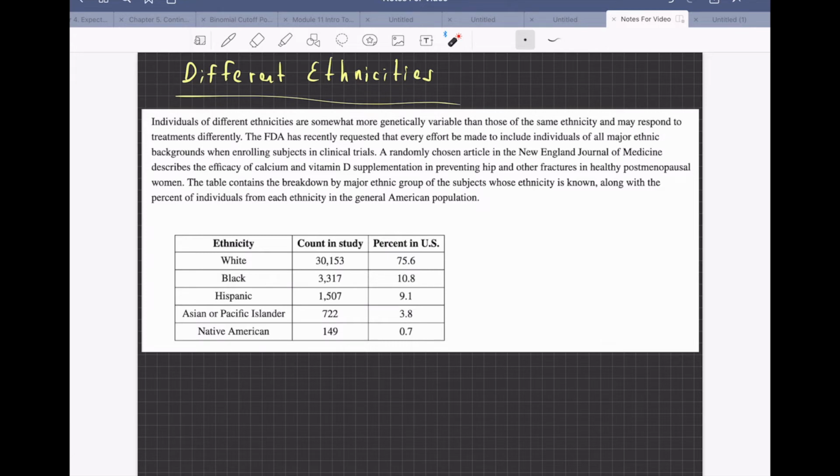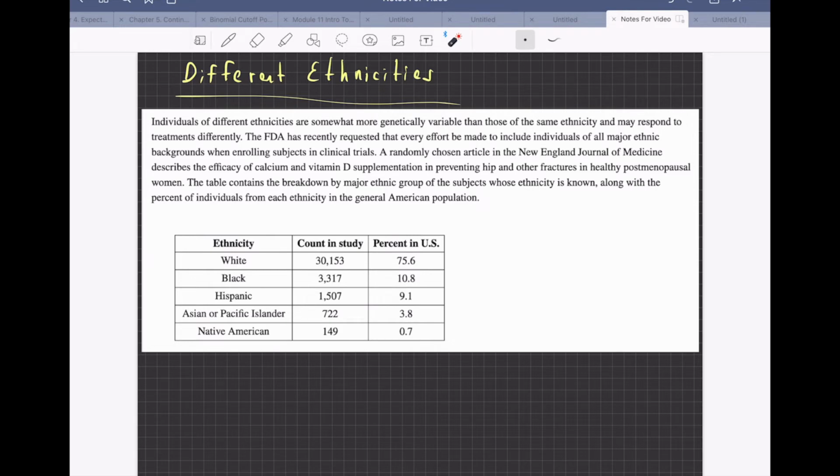Individuals of different ethnicities are somewhat more genetically variable than those of the same ethnicity and may respond to treatments differently. The FDA has recently requested that every effort be made to include individuals of all major ethnic backgrounds when enrolling subjects in clinical trials.